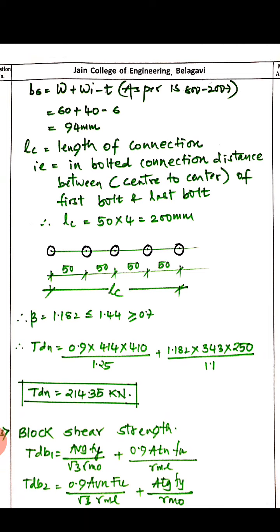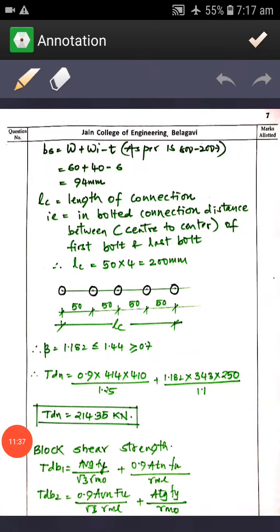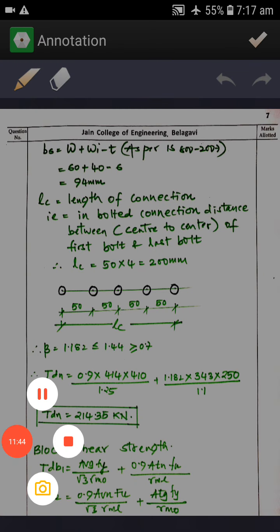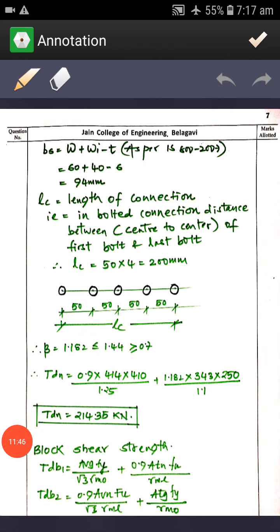LC is length of connection in bolted connection. So we have to take the center to center distance between the bolt line. So here we have 5 bolts.